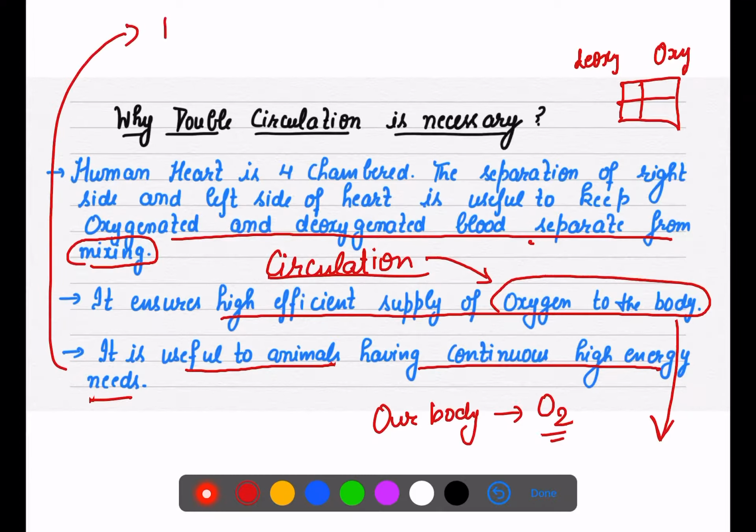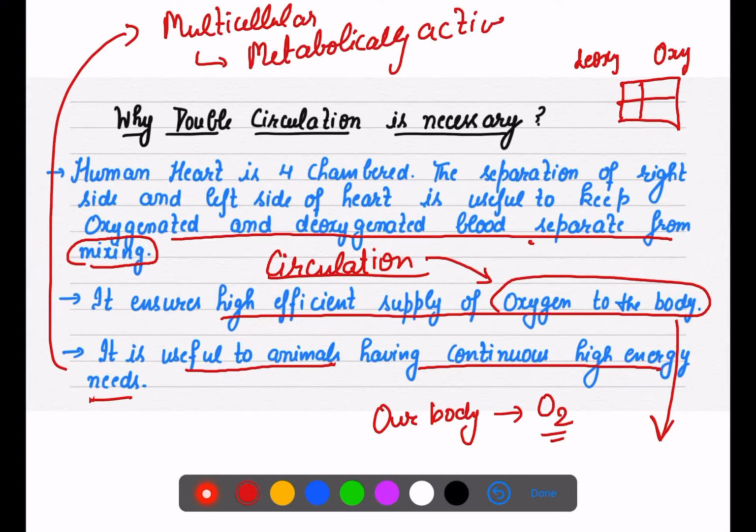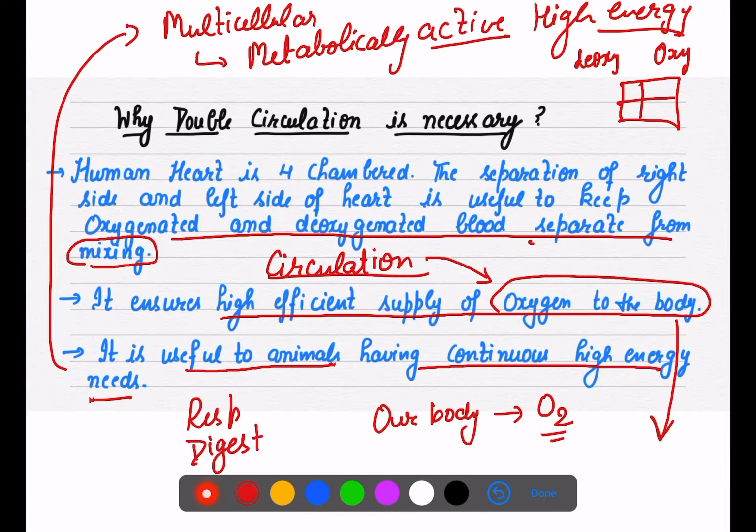Now multicellular animals are metabolically active. When somebody is metabolically active, it means they have high energy needs, because every process, either you talk about respiration or digestion, requires high energy. So this high energy is provided by the circulation.